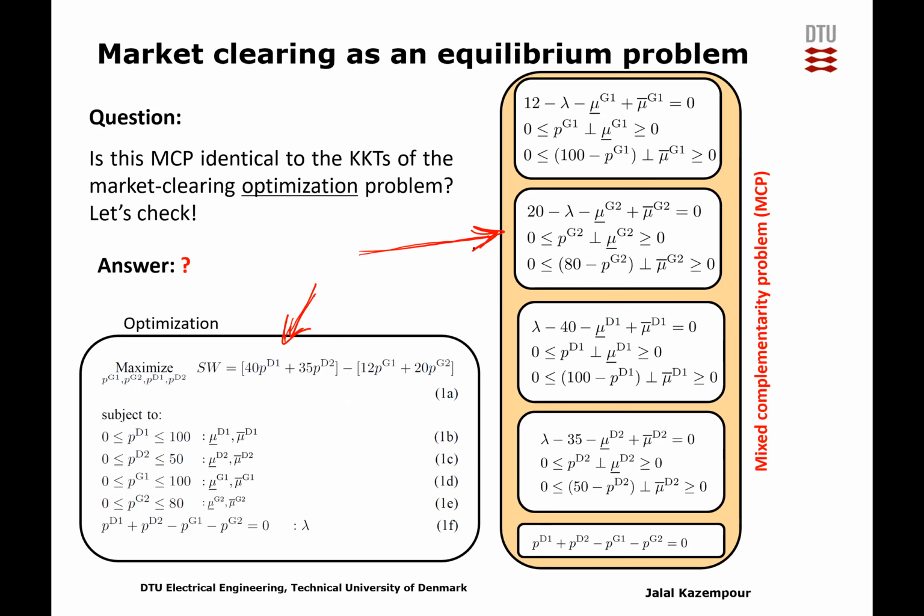Yeah, I totally agree. If you take the KKT of this optimization problem, it is exactly the same as the KKTs of the MCP. It means that we learned that our optimization problem for market clearing is equivalent to our equilibrium problem for clearing a market.